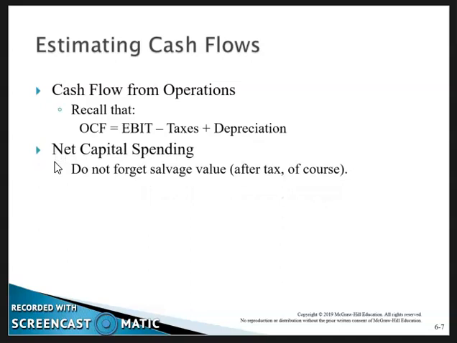Net capital spending: we have to take into account salvage value. We have to do that after tax because we're depreciating. In most cases, we're depreciating the full amount of the asset over the life of the project, and the asset will have a zero value after it's fully depreciated.